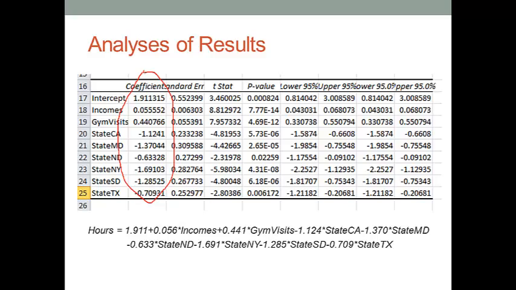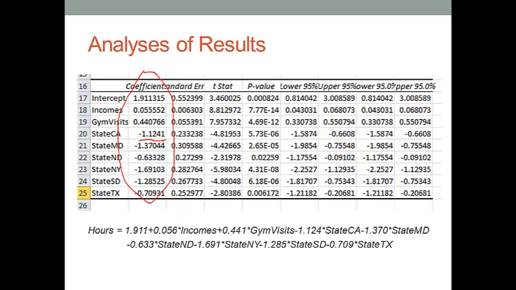Hours equals the first value, 1.911, plus 0.055 times incomes, and then plus 0.441 times gym visits. Then minus, very good, because the coefficient is negative now, right?